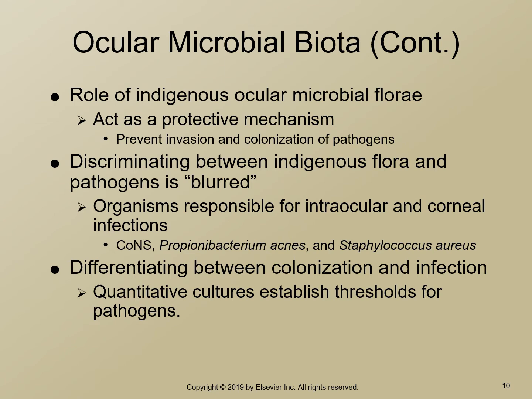Coagulase-negative staph, Propionibacterium, and Staphylococcus can be found on healthy individuals, but also on patients who have eye infections. So it's important to differentiate between colonization and infection. Quantitative cultures are helpful in establishing thresholds for these pathogens.